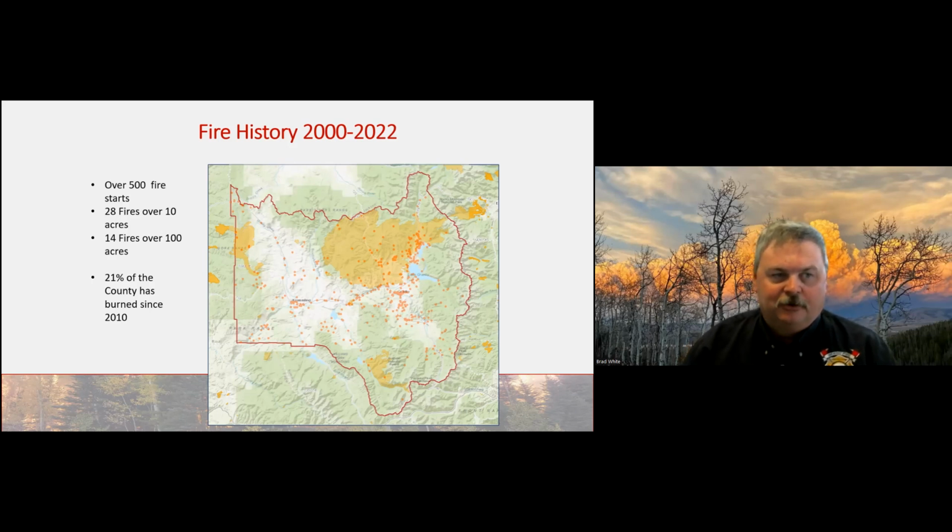Most of them we're able to keep to a couple acres, or a half acre, or 1/10 of an acre or less. But increasingly we see 10-acre fires and 100-acre fires, and then of course we've had some of the big ones. So over 500 starts fire districts have responded to in the last 22 years, for a community that's growing and has more people in it every summer than the prior summer. It certainly adds to the risk. So go ahead, Scott.